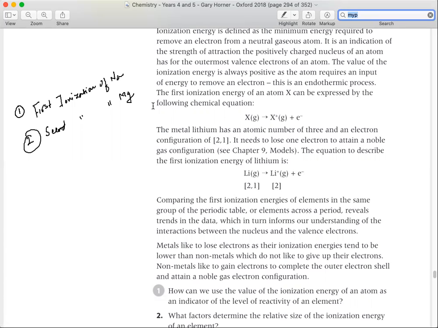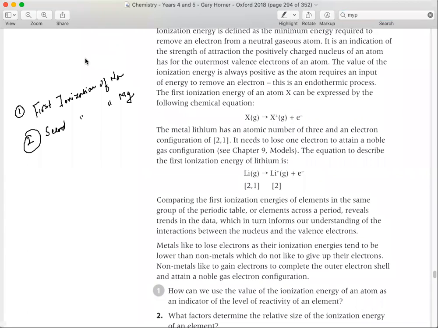Okay, are you done? So the first ionization energy for sodium is 496. See how the equation would be.